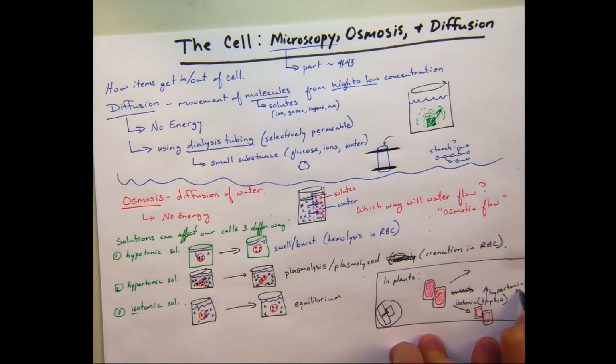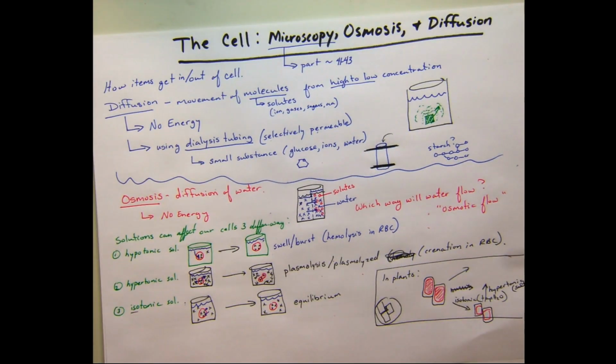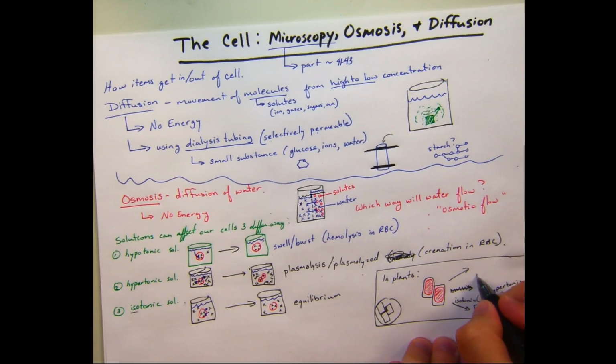Hypertonic solution is salt water. You should have some at your station. And the equivalent of that is what we see over here with this little red blood cell. And you should notice that this is the cell wall, keeping it stiff. The cell membrane is more flexible. The cell membrane, which is red, is going to shrivel up.